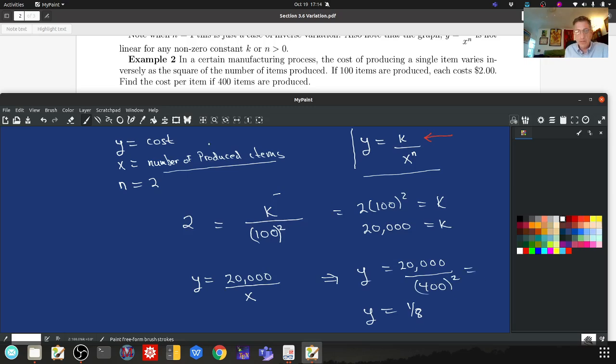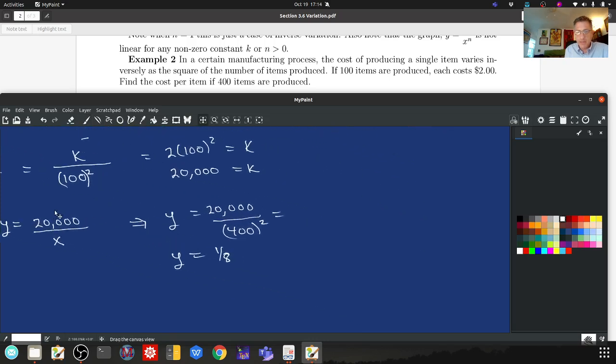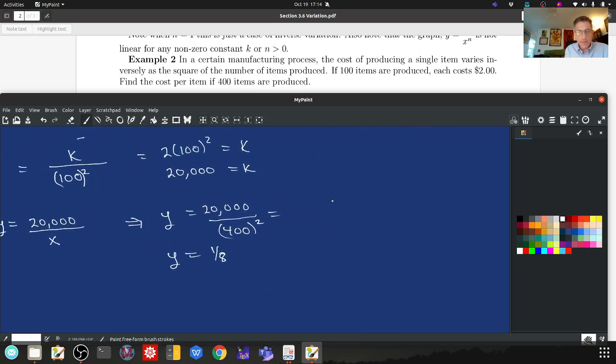I don't want you to use a calculator. So that's 20,000 divided by 160,000. And you always know the trick that when you're dividing things that have trailing zeros, each zero can be canceled out. So that's equal to 2/16, which is equal to 1/8.